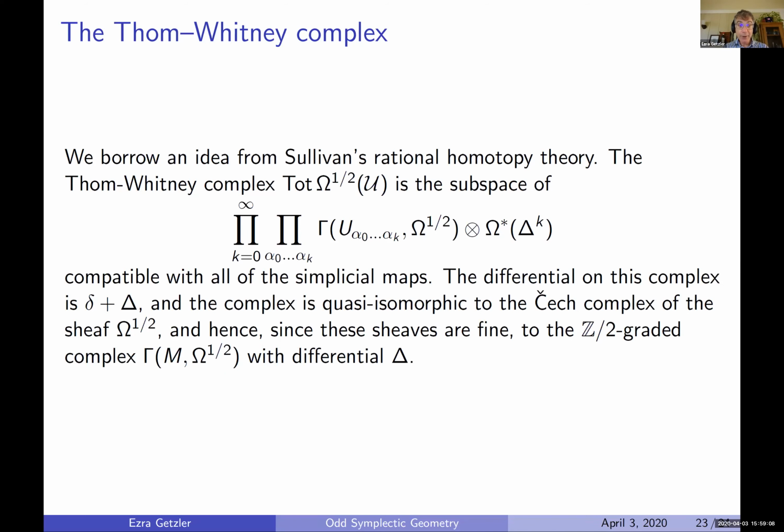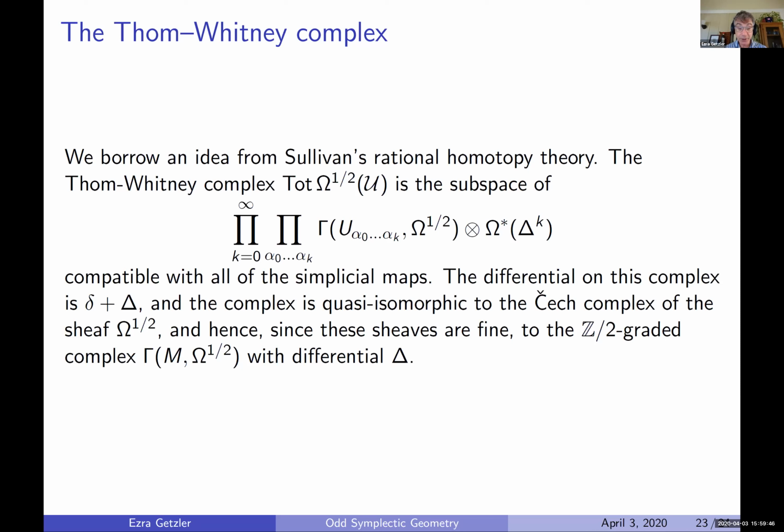Okay, so now I'm going to borrow an idea from Sullivan's rational homotopy theory. We can define a Thom-Whitney complex for the half forms over this Czech nerve. What we do is we take, over each open set in the nerve, half forms and tensor that with differential forms on the K-simplex. And then we take a subspace of those which are in some sense compatible with all the different simplicial maps between the different open sets in the nerve.